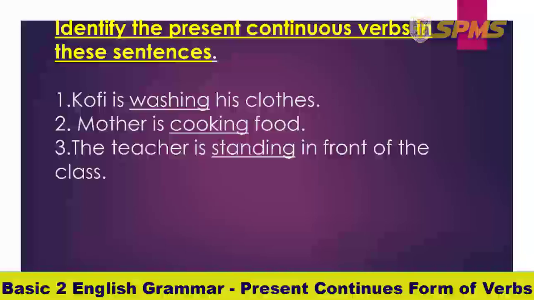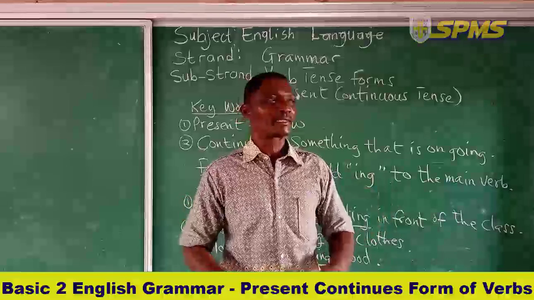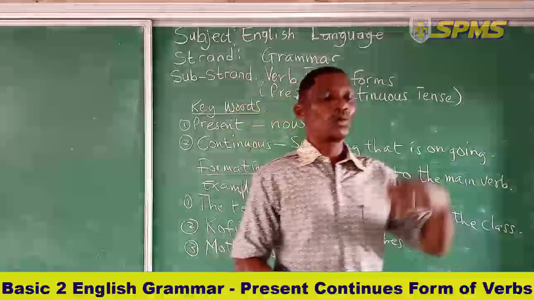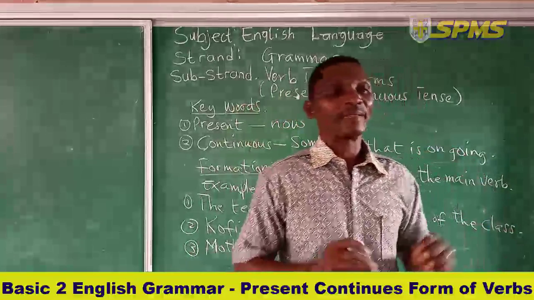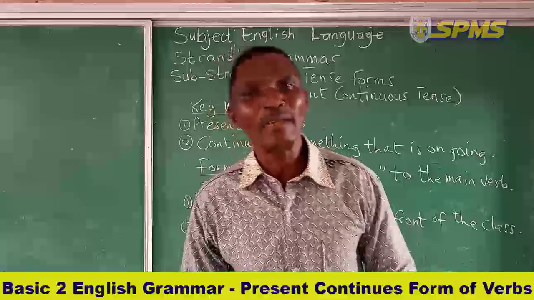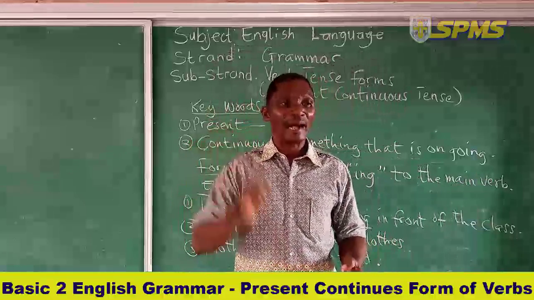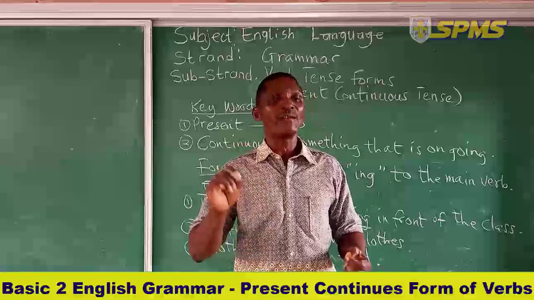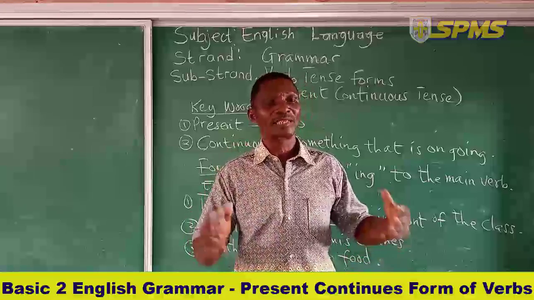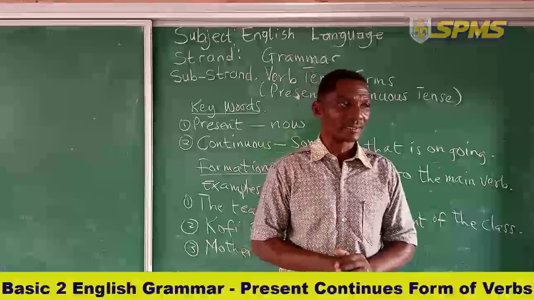What is the continuous form of verb in that sentence? Standing. Correct. Children, you are right. So we identify that in forming the continuous form of verbs, we add ing to the main verb in addition to the subject of the sentence. Good.